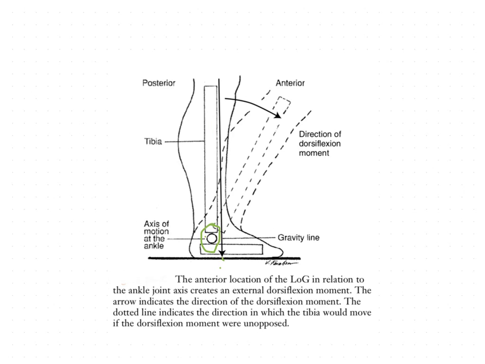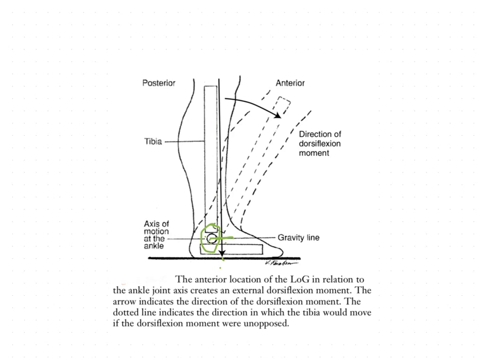The magnitude of the gravitational moment of force increases as the distance between the LOG and the joint axis increases. So when the distance between the joint axis and the gravity line increases, then the magnitude of the gravitational moment of force also increases.